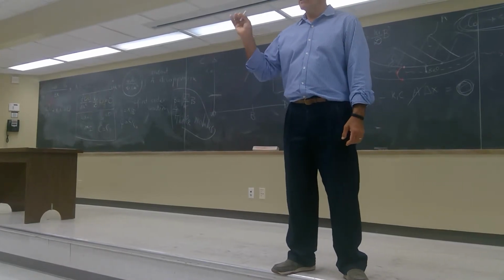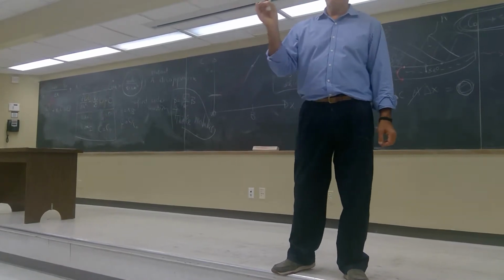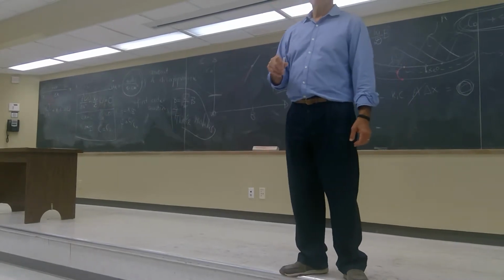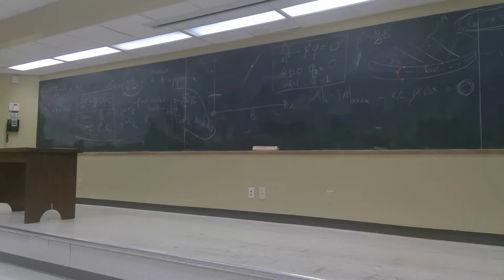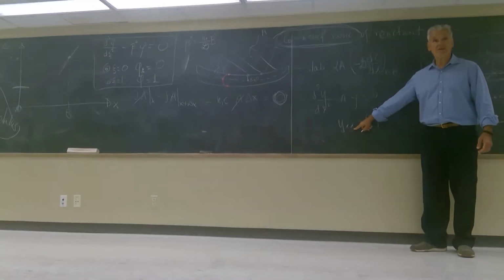Instead of writing d phi d psi, they write phi sub psi. In a differential equation, for example, d squared y dx squared minus a y equals 0, they wrote this as y xx minus a y equals 0, meaning the second derivative, double subscript.